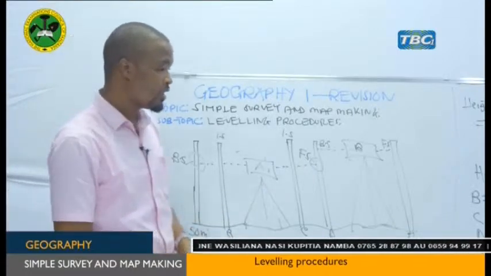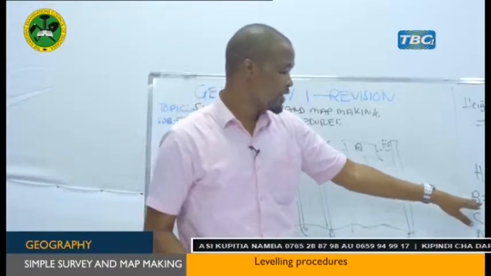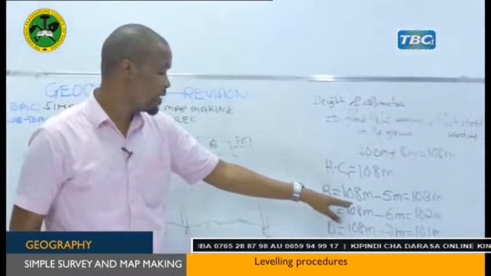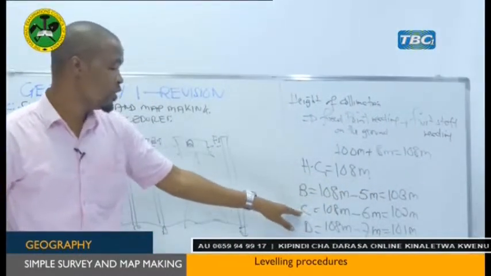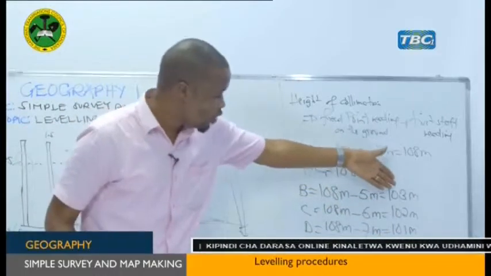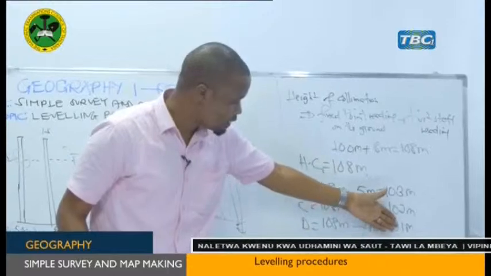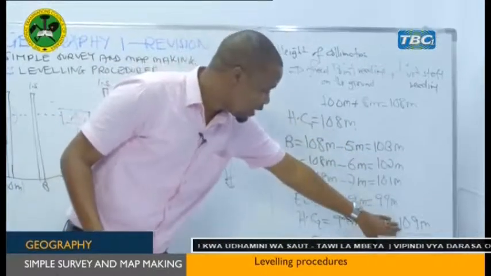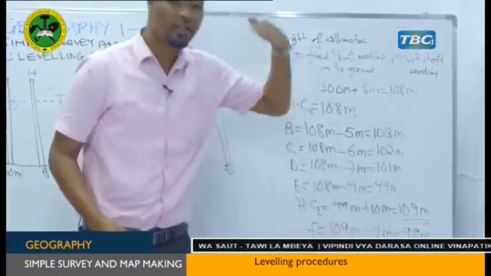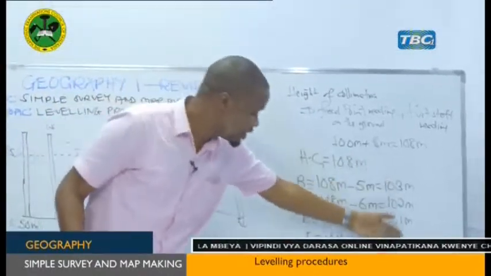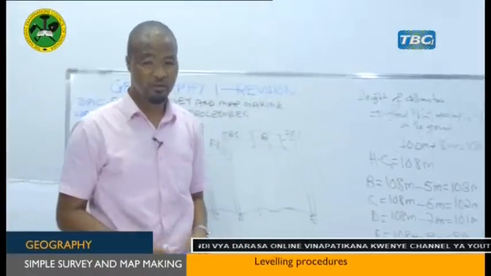Thereafter, we have what we call the height of collimation as well as the reduced level. What we get right there from the other example, for instance, point B, it read maybe this one. Point C, we get this one. As you can see, we have 100, 100, 103, 102, 101, 99, 109. Then it rises, then it falls. All of this, we call them the reduced levels.